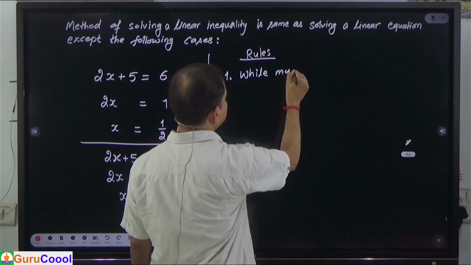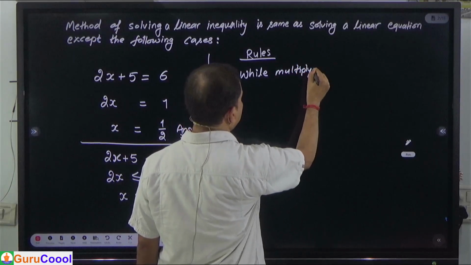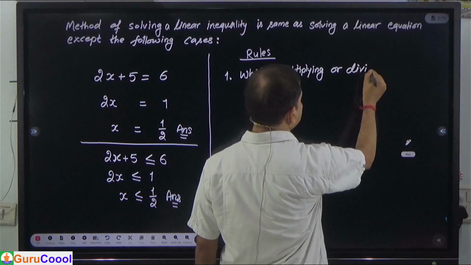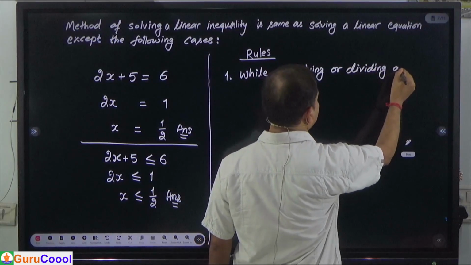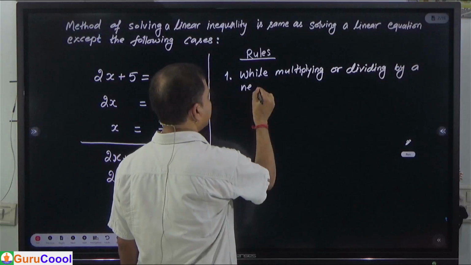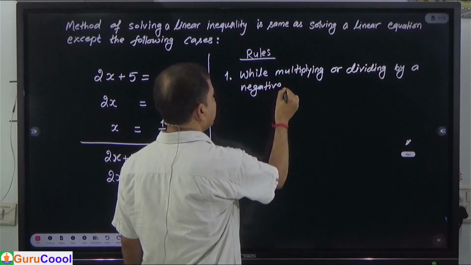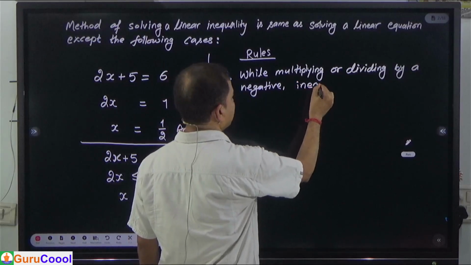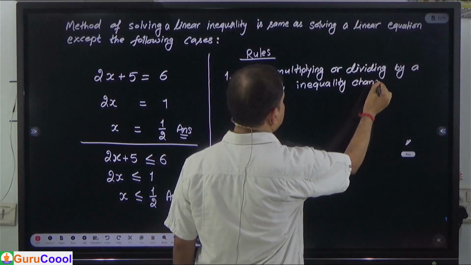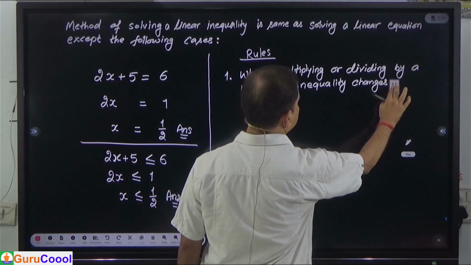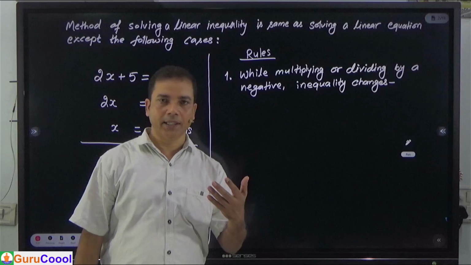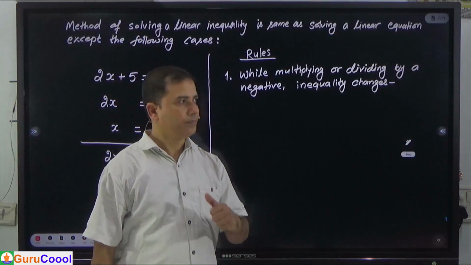While multiplying or dividing by a negative number, the inequality changes. Inequality changes means lesser than sign becomes greater than sign, and greater than becomes lesser than.